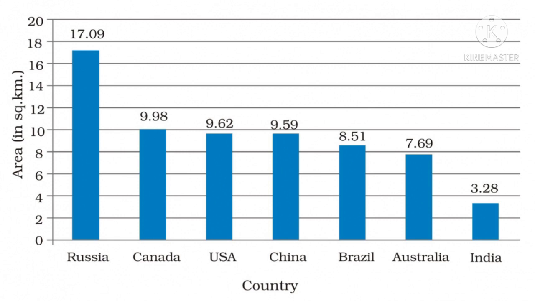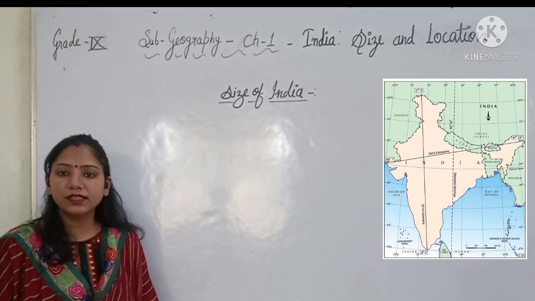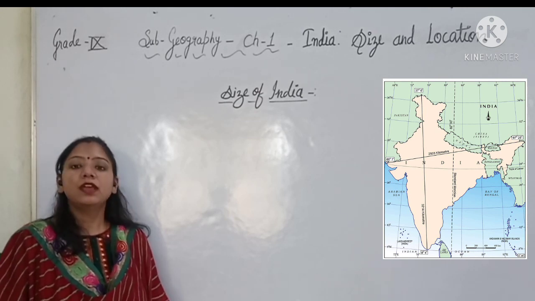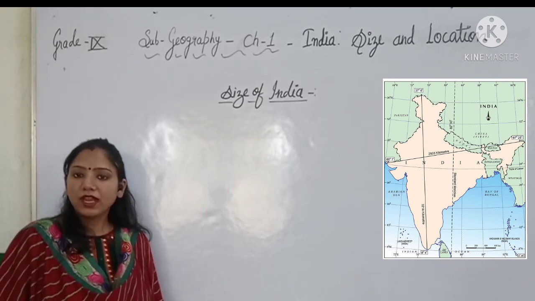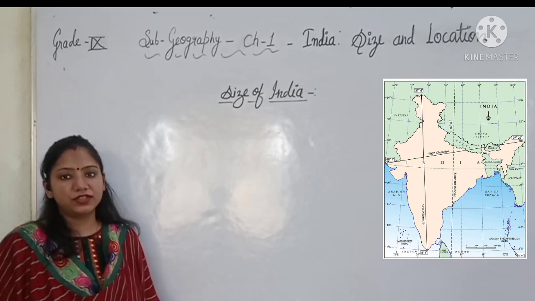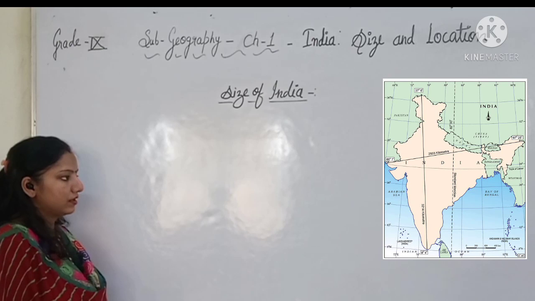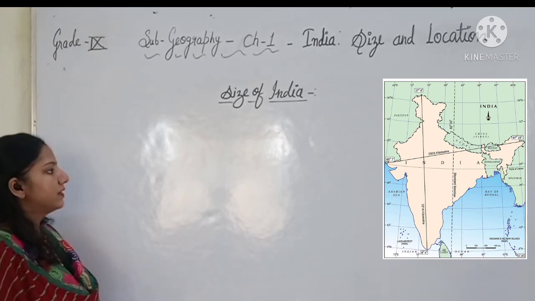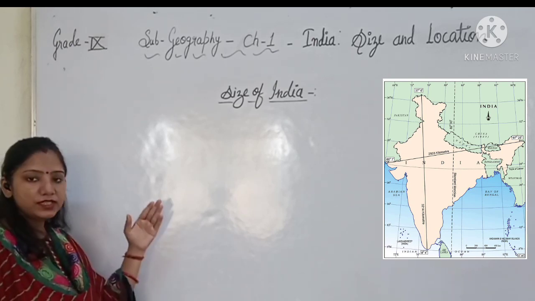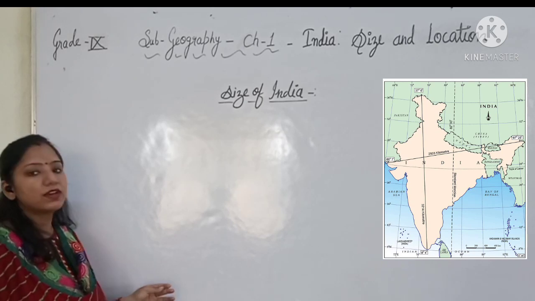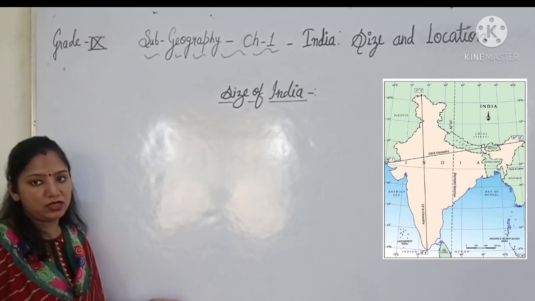Now let's see what are the land boundaries and the coastline boundaries of our country. As we can see, our country has two types of boundaries. First is the land boundary, from the northern side, and on the southern side our country has the coastline boundary.